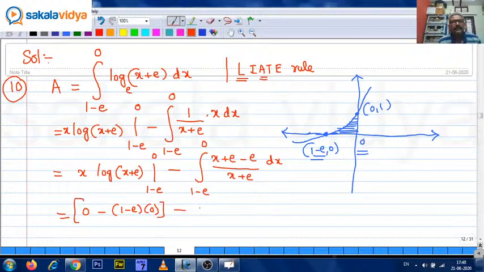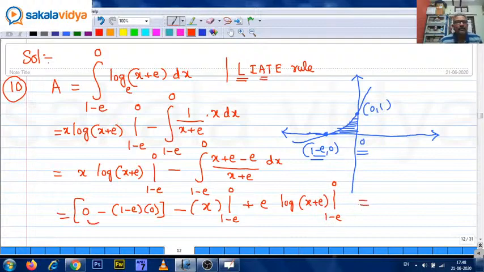And minus x plus e by x plus e is actually 1, the integral of dx is x, with limits 1 minus e to 0. So put the bracket like this, and minus into minus is plus, e common, 1 by x plus e is log of x plus e, limits 1 minus e to 0.